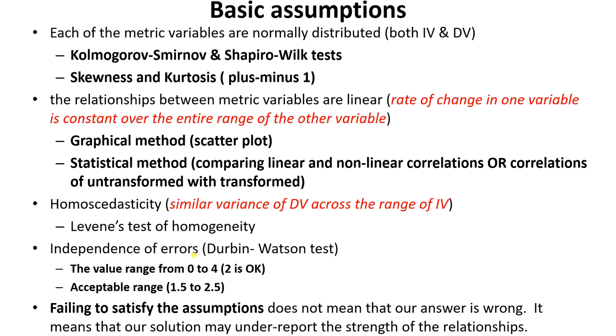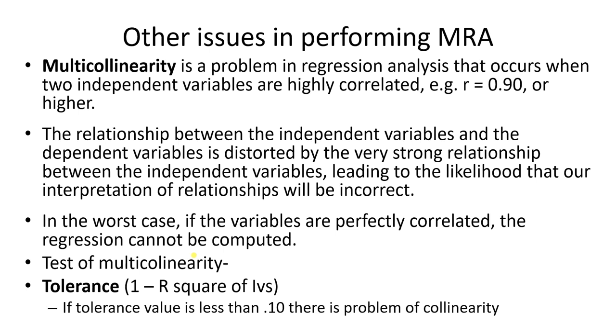Some assumptions, if violated, may not influence the generalizability of the results, but violation of some other assumptions does have a significant influence. I will discuss all this in a separate lecture, how to test assumptions and how to deal with the violation of assumptions. One day or the other, I will try to upload this video also.